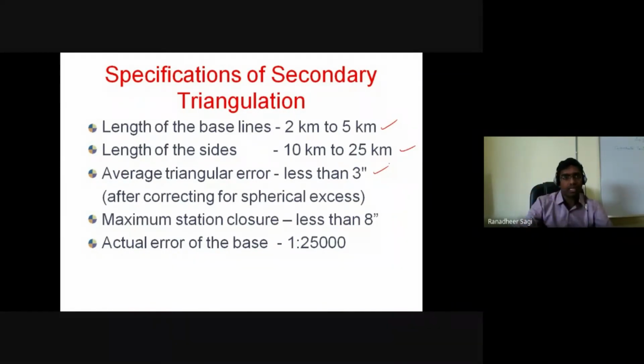Okay. And maximum station closure earlier was only 3 seconds. Now it is 8 seconds. And the actual error of the base: in primary triangulation the base measurement is done accurately to 1 in 50,000, whereas here it is only 1 in 25,000.